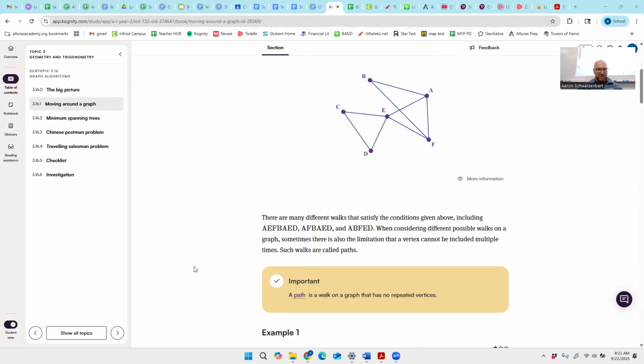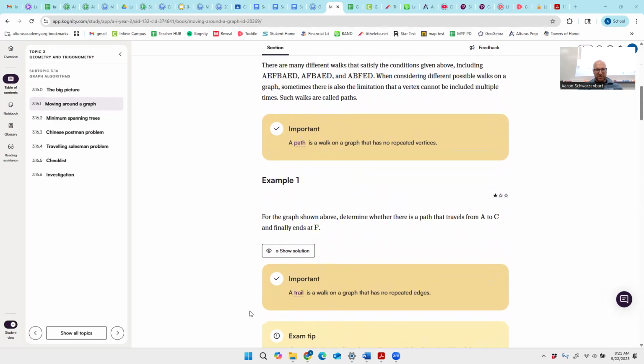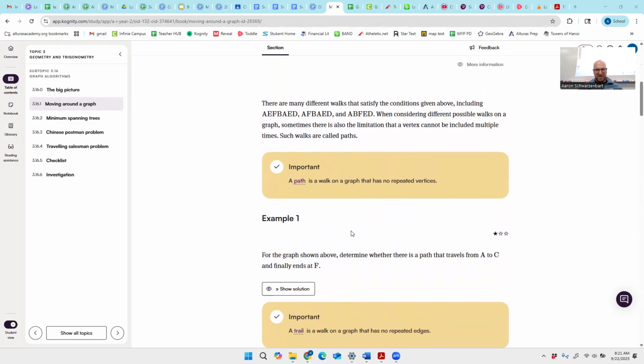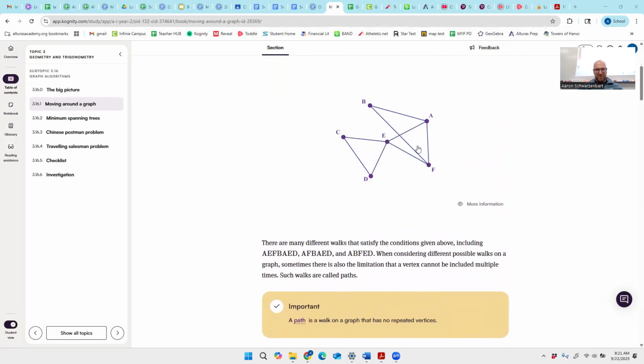Again, lots of vocab in this part of graph theory. For the graph above, determine whether there is a path that travels from A to C and finally ends at F. Is there a path that goes from A to C to F?